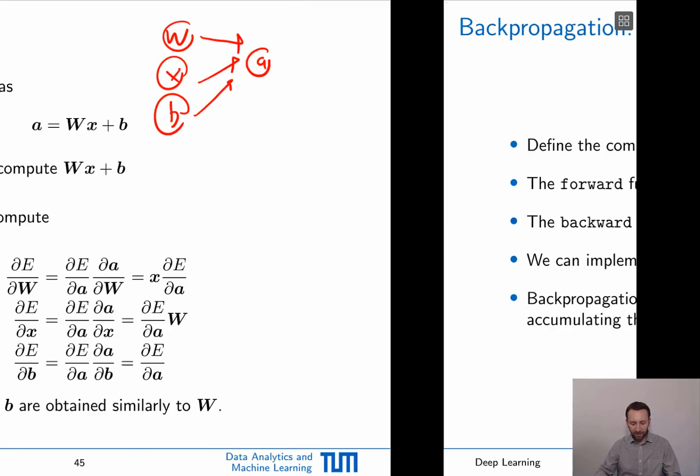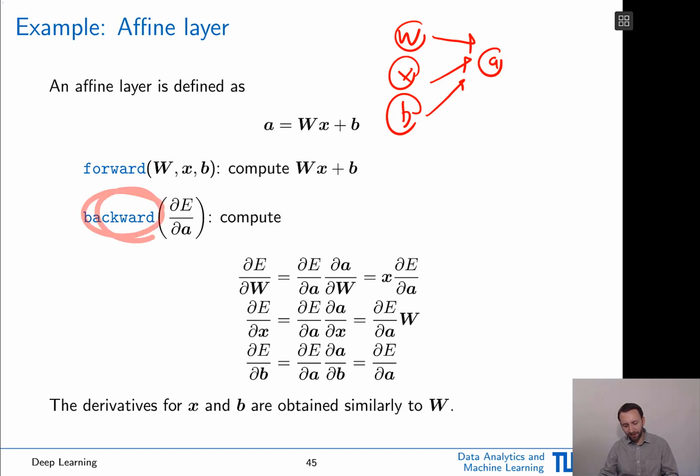And then the output of this function are these three matrices or vectors, right? And these would then be sent, of course, to another layer from before. So here we have, for example, another function b. This function has a forward function, which produces the output, and has a backward function.